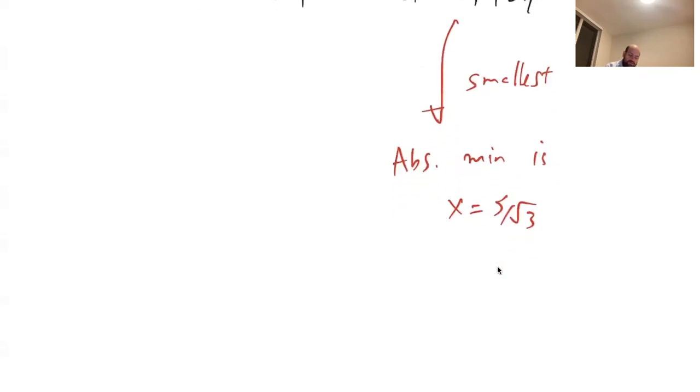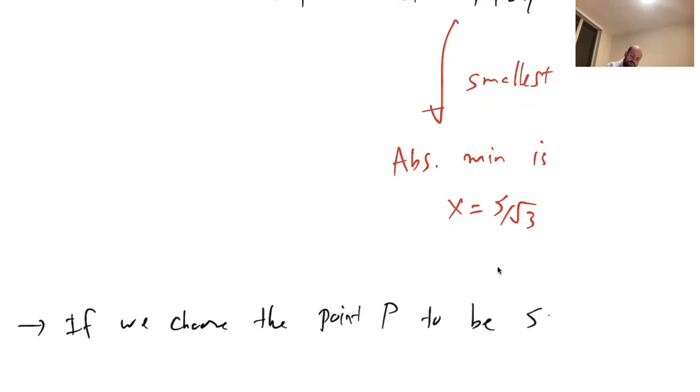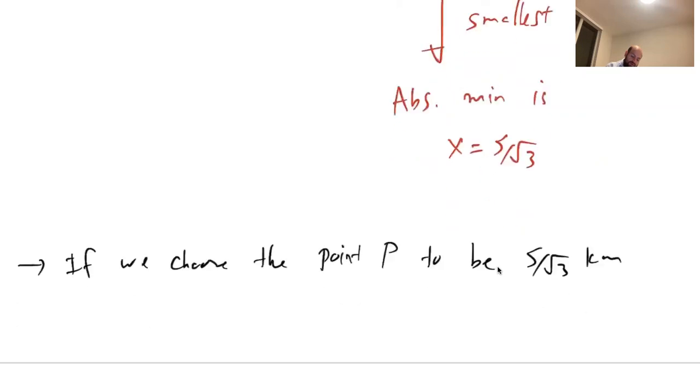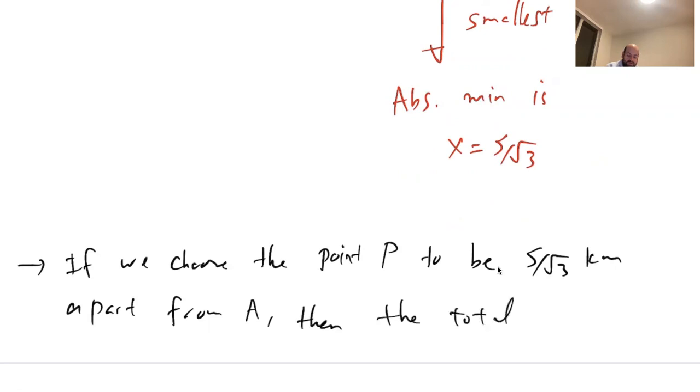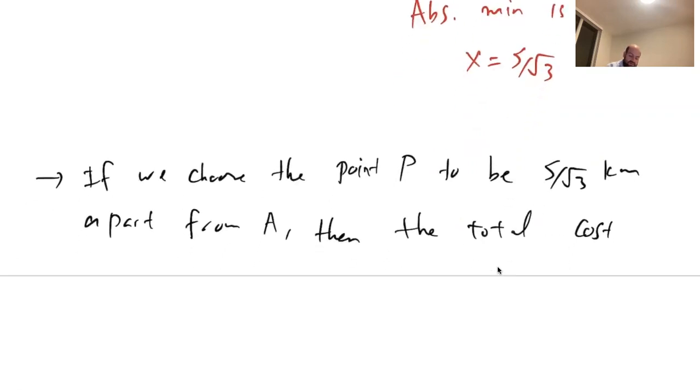It means if we choose the point P to be 5 over root 3 kilometers away from A, then the total cost of constructing pipes and bringing oil from W to B will be minimized.